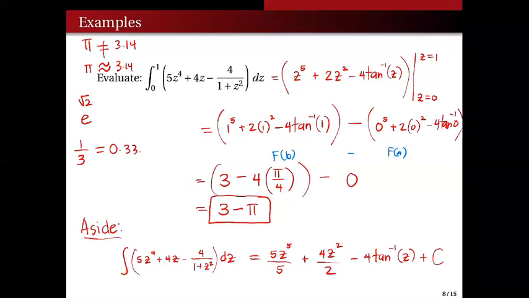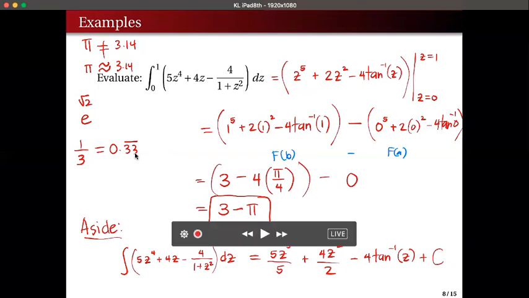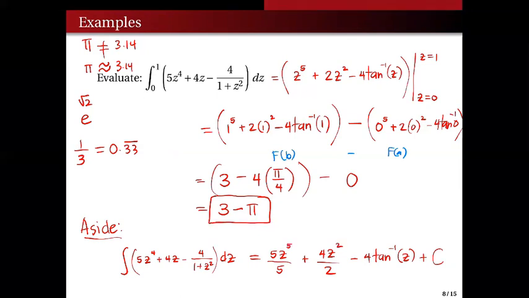But this will never end. This is 0.333, etc. Or simply, you can write this as 0.33, and then put a bar on top of 33. This means that this 33 will never end. Okay? So to save you from harm, just write 1/3. Okay? Just write 1/3.